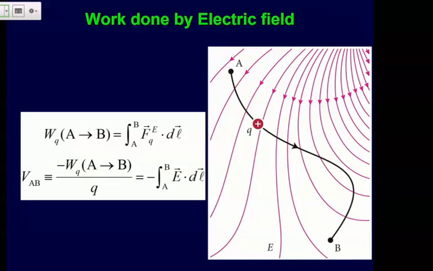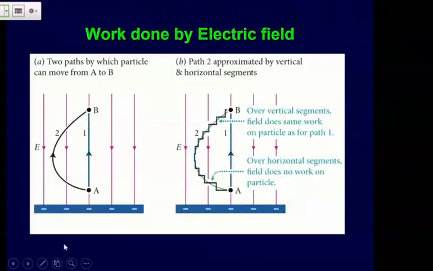And if you recall, what we could do with that then is situations like this. And so this is actually something we used on a test, which was the fact that the path between, like, say, A and B was independent. Okay, so the work done by electric field, no matter what path we took, you get the same amount of work.